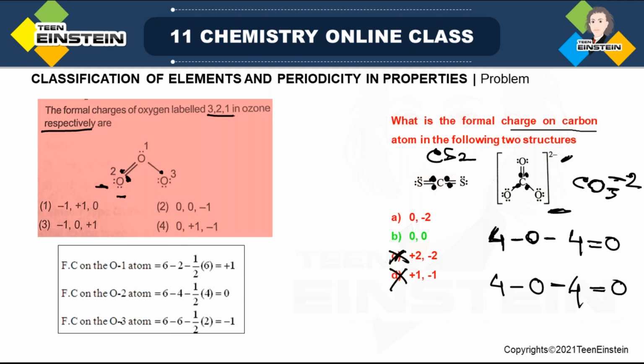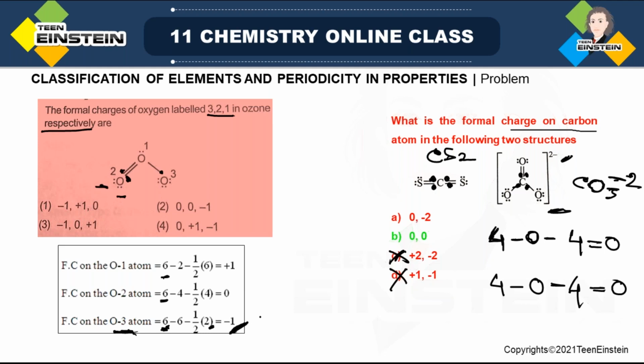Now see the calculation. For number 3, because it is first, let's see it first. It is 6, because valence electrons will always be 6. There is no doubt in that. And then the number of non-bonding electrons, total 6, that you can see in the picture. And the total number of bonds is only 1. And 1 bond means 2 electrons, so 2 electrons divided by 2.